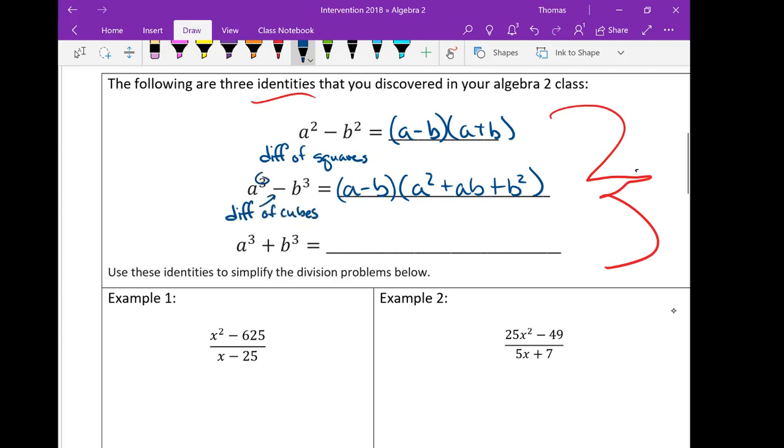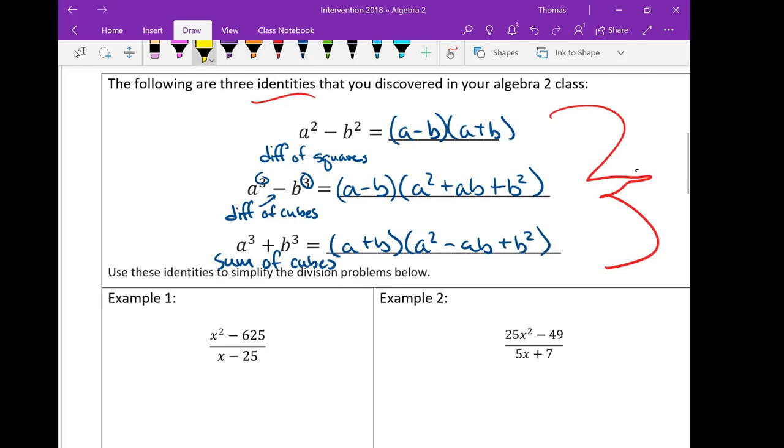And it's cubes because both of the terms are cubed. The last one is called the sum of cubes. And it simplifies to a plus b times a squared minus ab plus b squared.